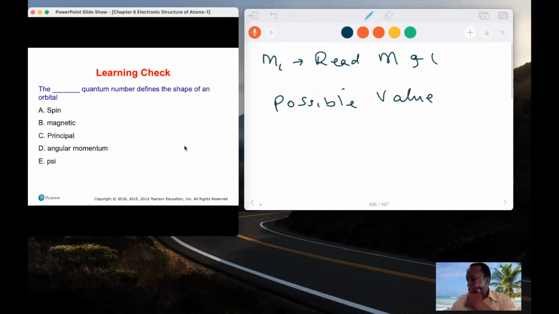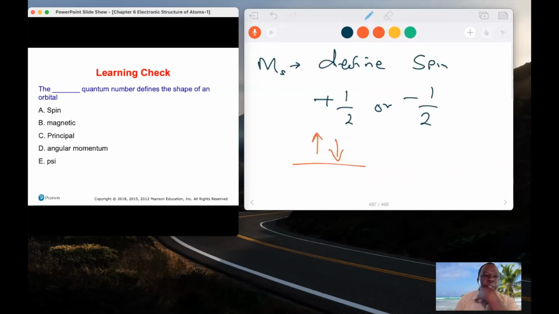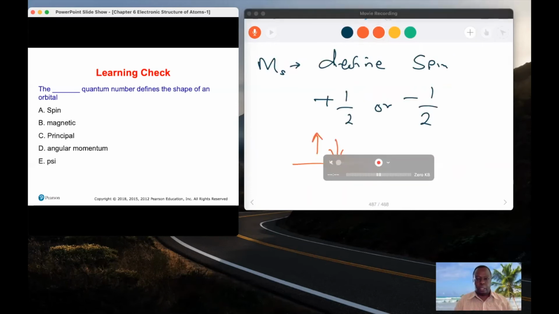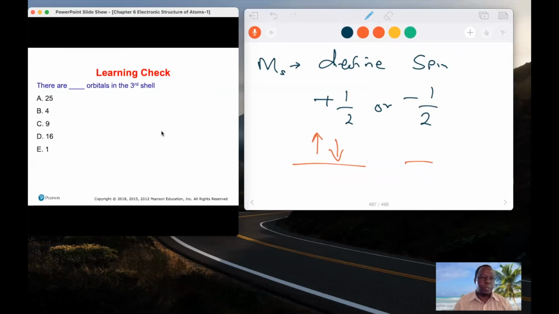This is what I just mentioned, that m's of S defines the spinning of an electron when they are in an orbital. When we write that, they represent an orbital where electrons reside. It cannot take more than 2.